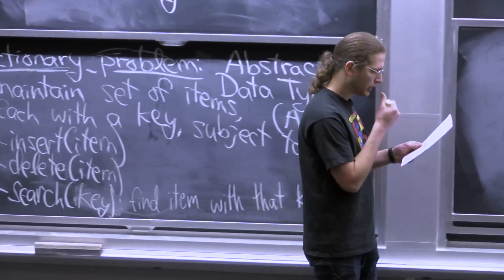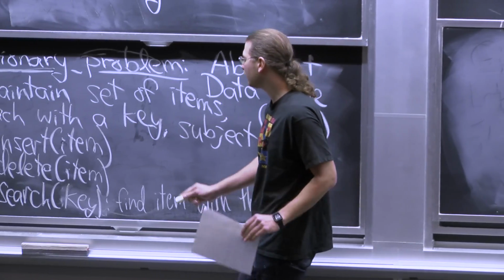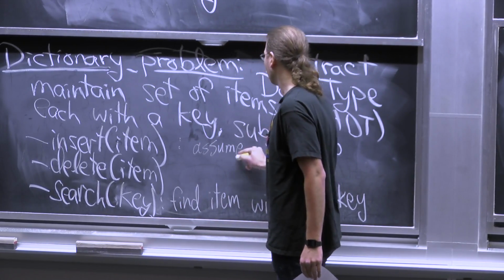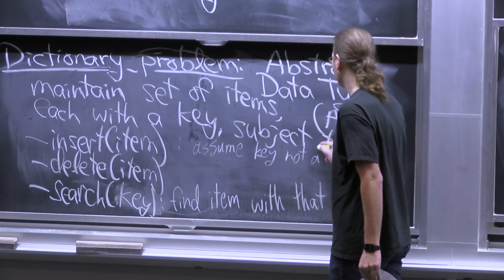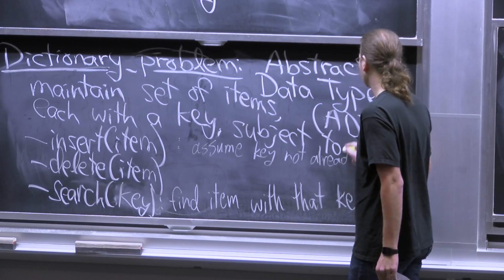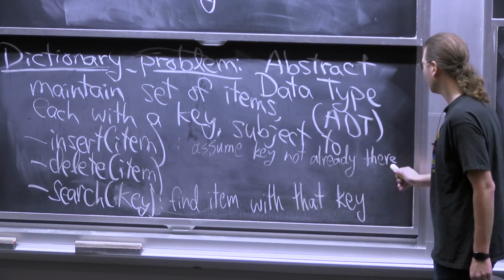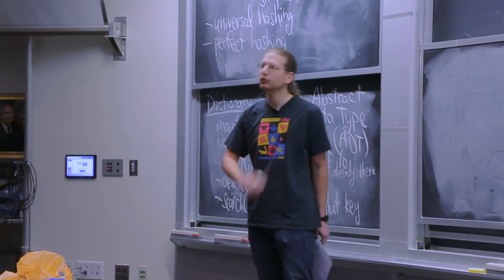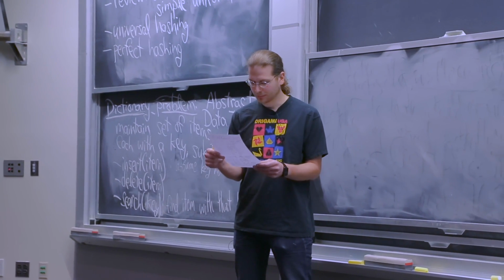So today I'm going to assume all items have distinct keys. So in the insertion, I will assume the key is not already in the table. With a little bit of work, you can allow inserting an item with an existing key, and you just overwrite that existing item. But I don't want to worry about that here.